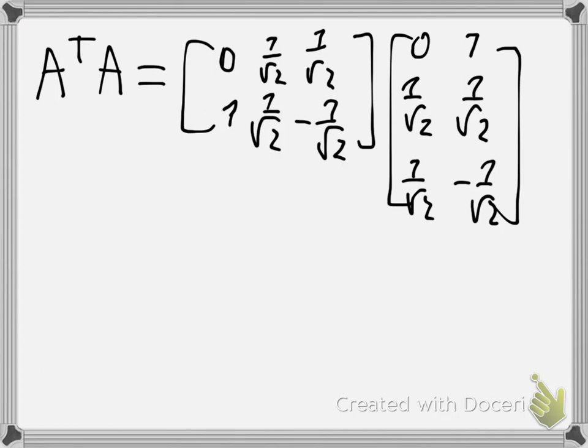Okay, and so if I multiply that, I should get the following. So you can multiply it, it's just computation. You should get 1, 0, 0, 2. Okay.